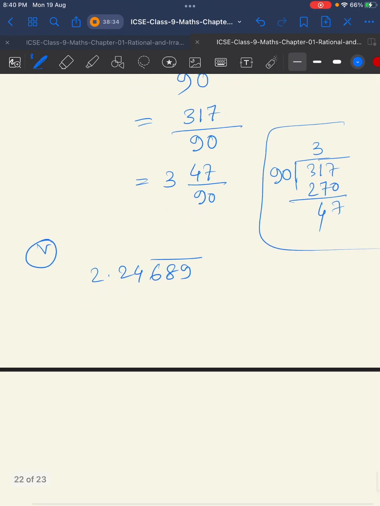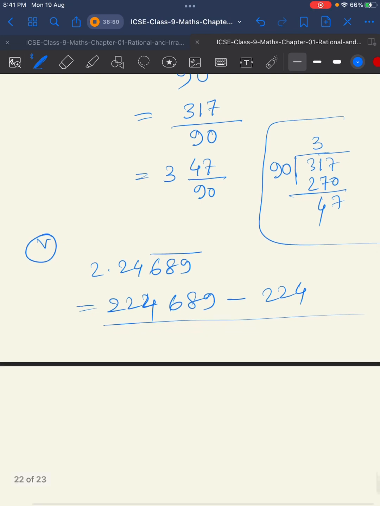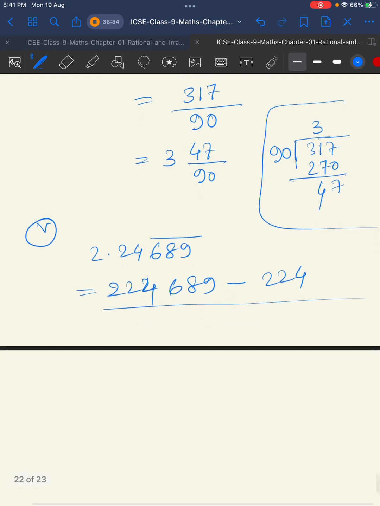2.24689 bar. So first we write 224689, all digits, then subtract 224, the digits which have no bar.